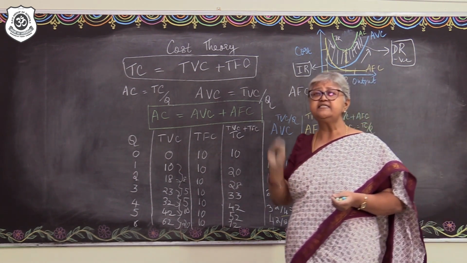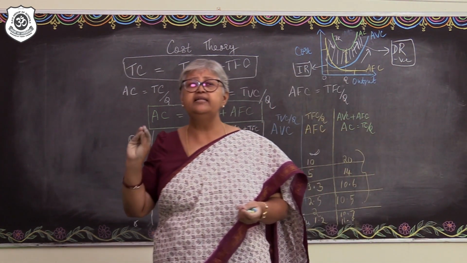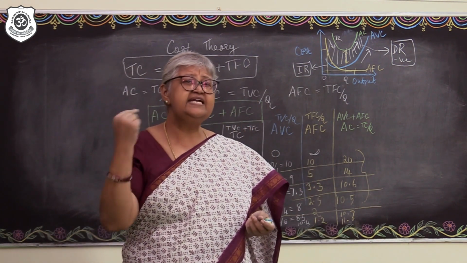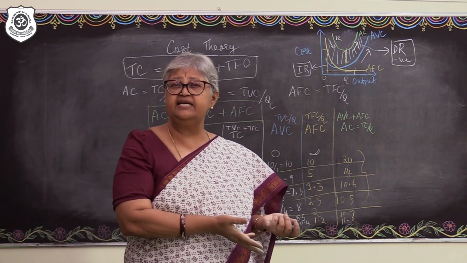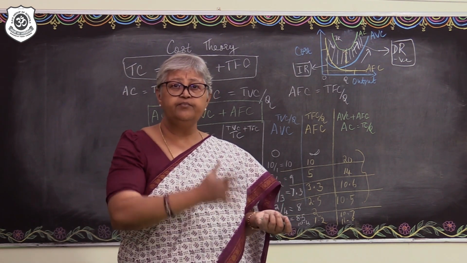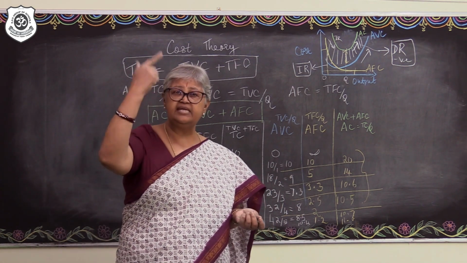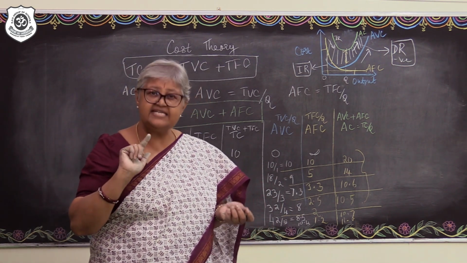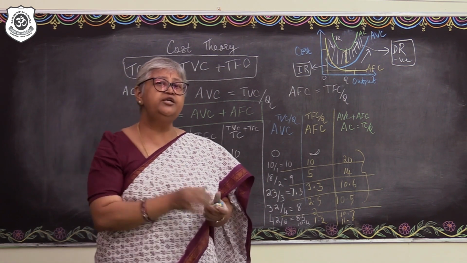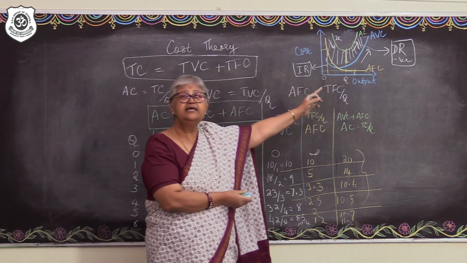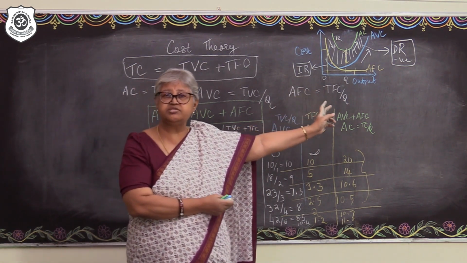That indicates the continuous fall in the AFC. The difference between AC and AVC is nothing but the AFC. So the vertical distance between AC and AVC is going to shrink, indicating a continuous fall in the average fixed cost.